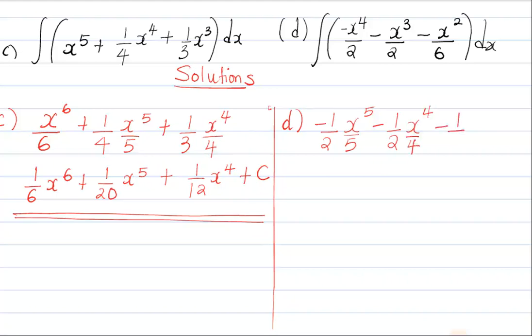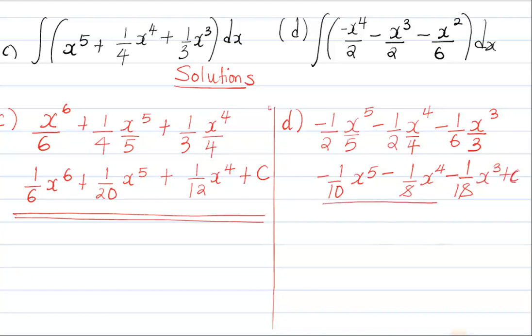Minus, this is the same as 1 over 6, then x, that one we increase by 3 to 3, over 3. So now 5 and 2 multiply to give us negative 1 over 10, then x to the power 5, minus 2 and 4 will give us 8, x to the power 4, minus 3 and 6, we get 1 over 18, x to the power 3 plus C, the constant of integration.